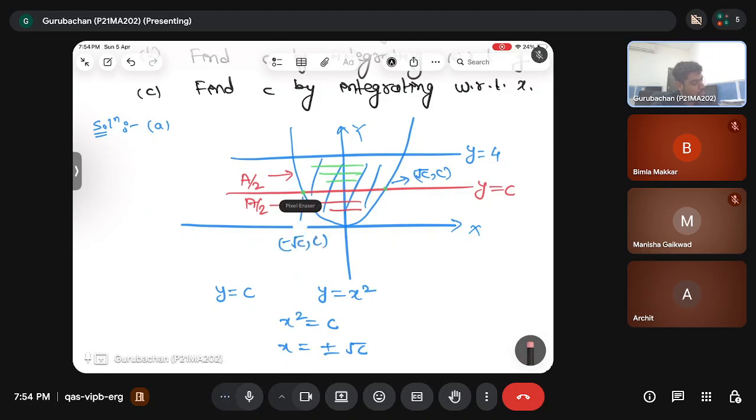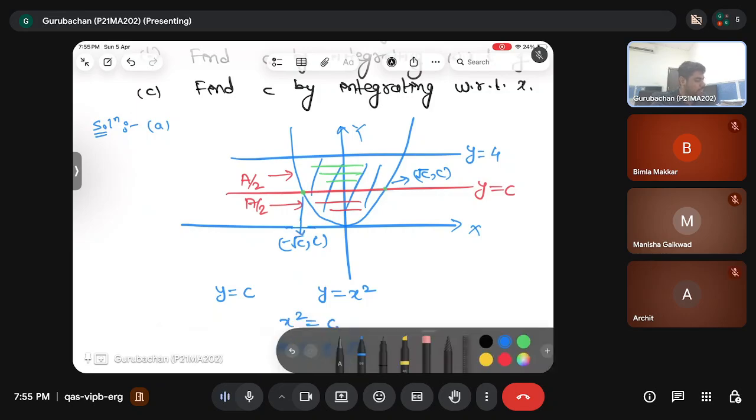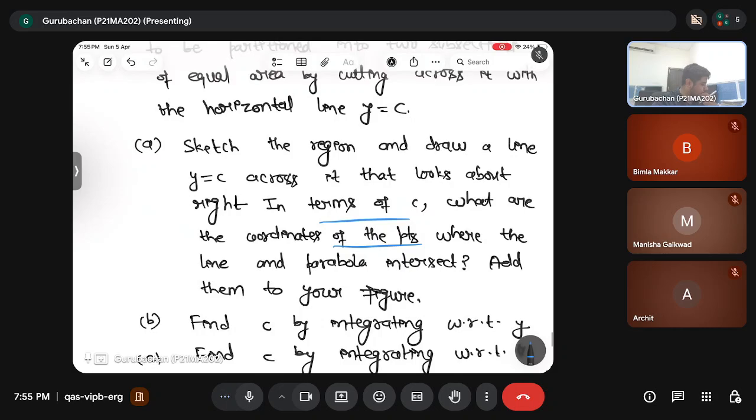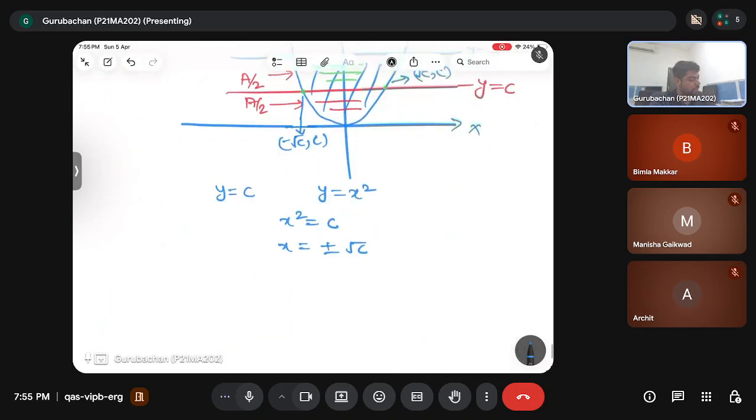Clear? Next, we also add these points to our graph.